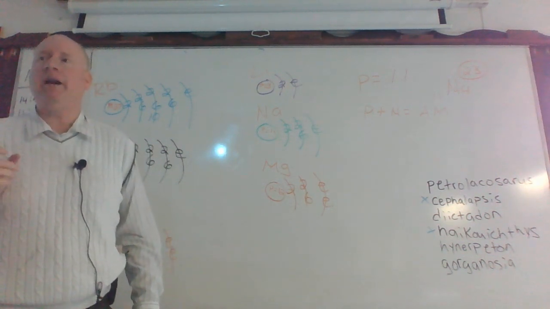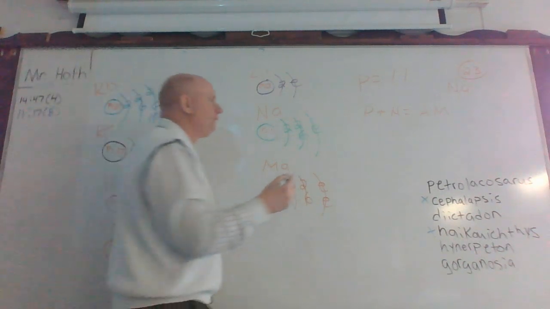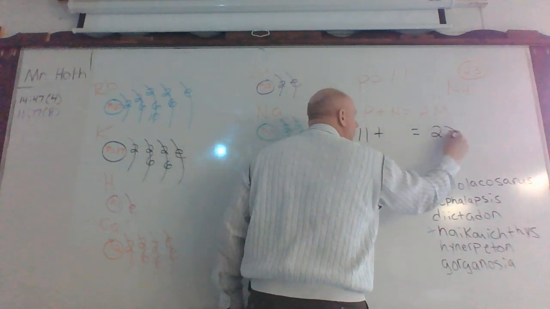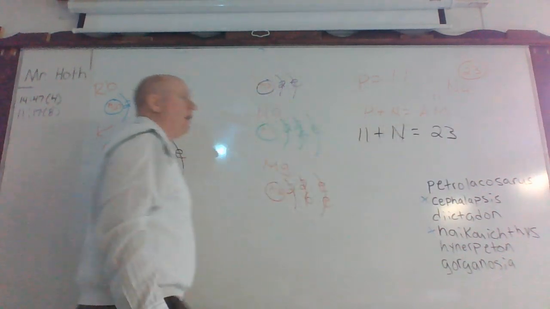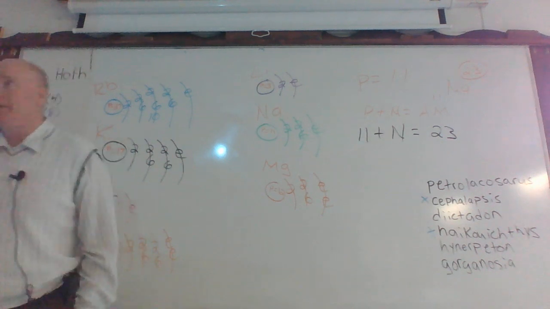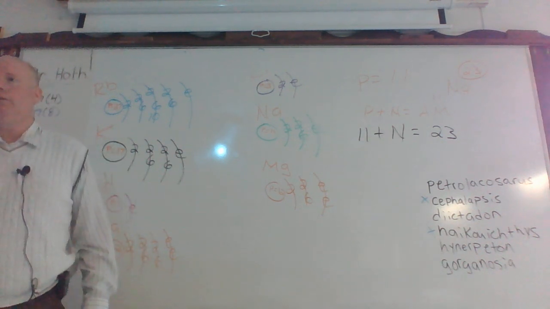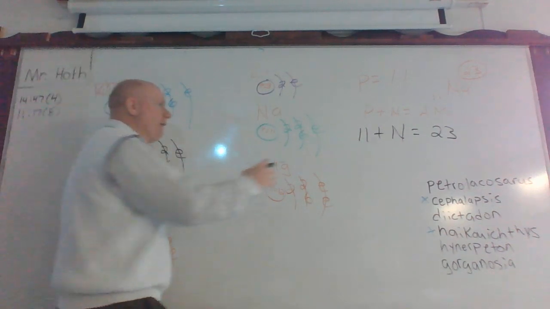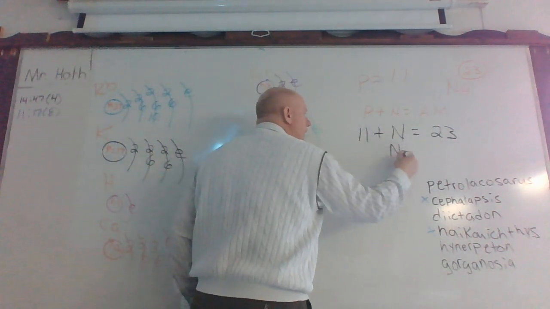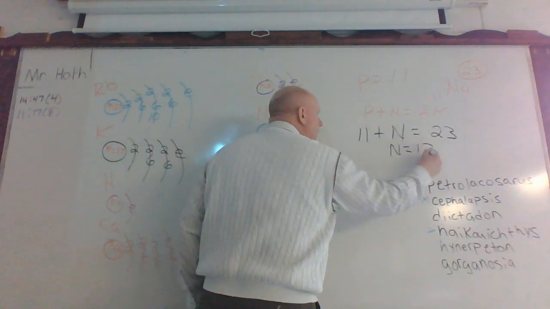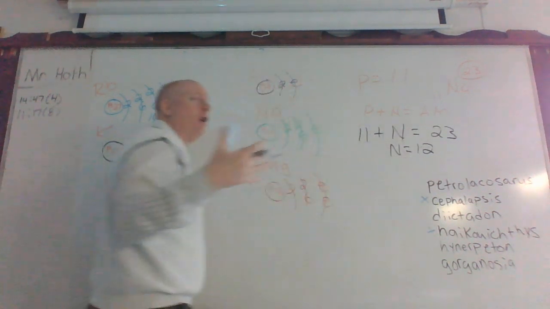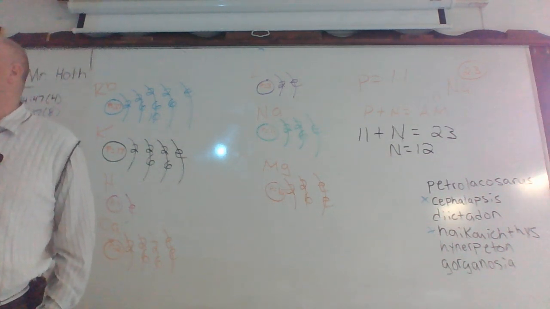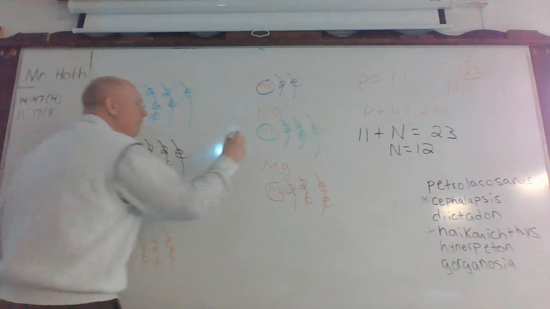Protons we know, which is 11. So now that you're going to use your algebraic skills, how do you get neutrons by itself? Subtract the 11. 11 from 23 would give you what? So inside that nucleus, along with the protons, you have how many neutrons now? Okay?